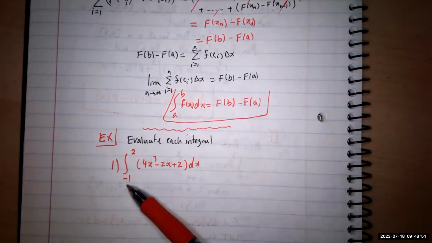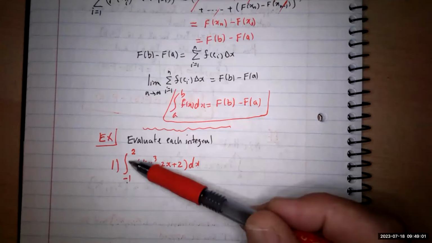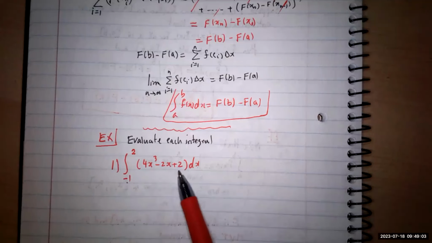When you see these numbers, it's a definite integral. So you have to use this theorem that we talked about. First thing to do, forget about the numbers. Find the integral. You know that if there is any radical, you rewrite it. Any fraction, you rewrite it. It's just a polynomial.